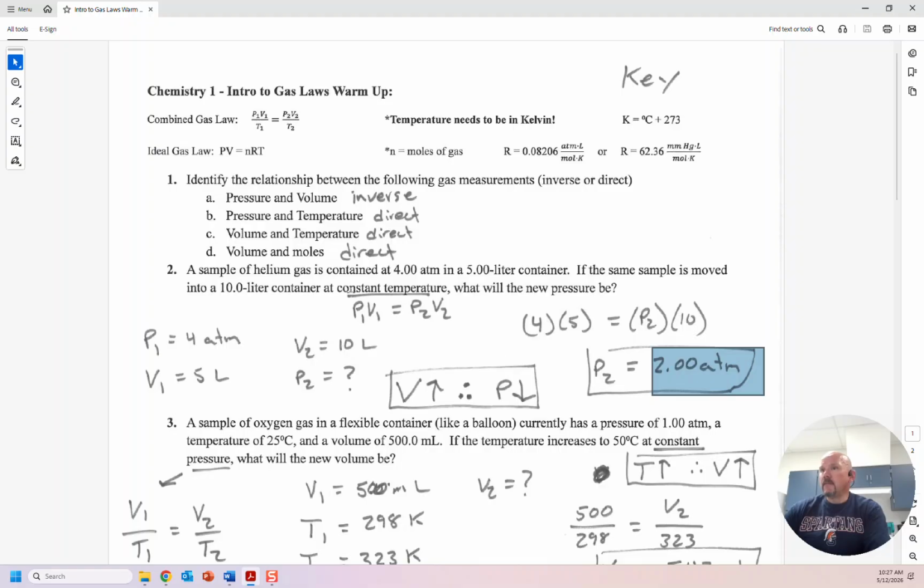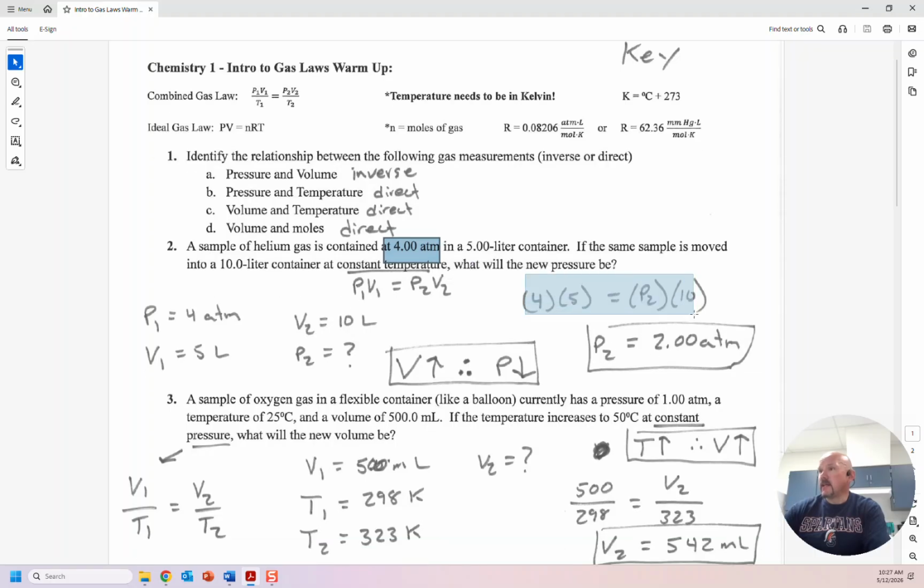Well, we know this is an inverse relationship. What happened to the volume? Volume increased. It went from 5 liters to 10 liters. So we know the pressure should decrease. And then here's the other deal. If we notice that volume was doubled, then that means the pressure is just going to cut in half. So we could probably just do it in our head without setting up the equation, but it comes out to be 2 atmospheres.